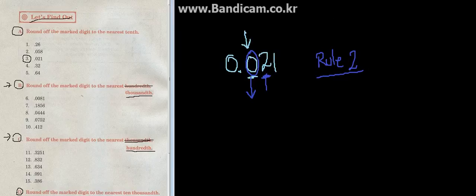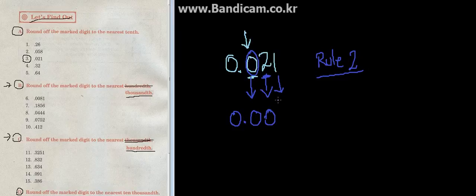So I'll rewrite. The rounded number will be 0, the marked digit just stays as a 0. The 2 now will become a 0.